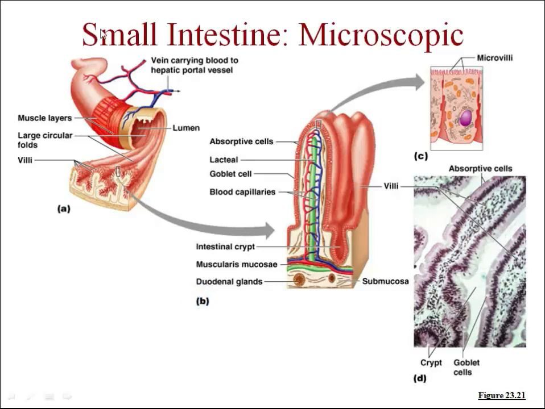So here, from gross anatomy to the finer histological details, are shown in this photograph of the small intestine microscopic detail. We'll start with this first diagram. The intestines are provided with veins that carry blood to the hepatic portal vessels. So everything absorbed from the intestine is carried through these blood vessels into the liver.